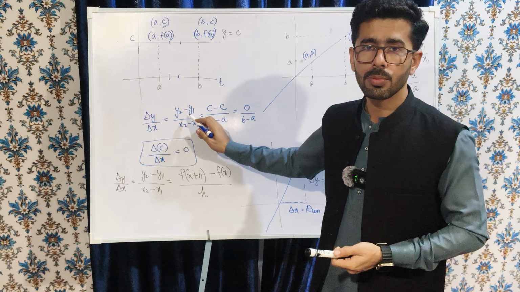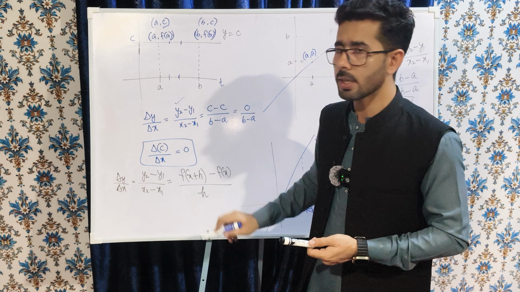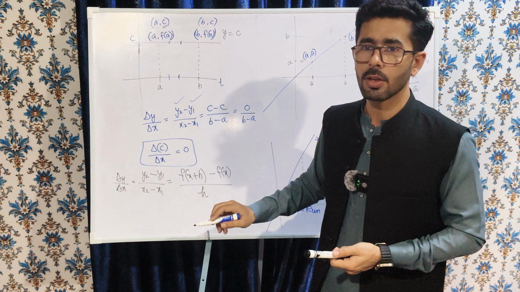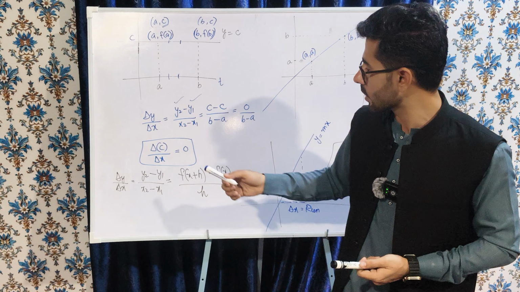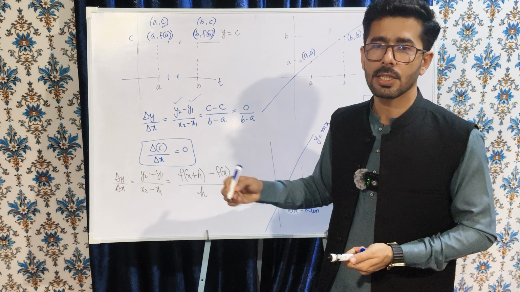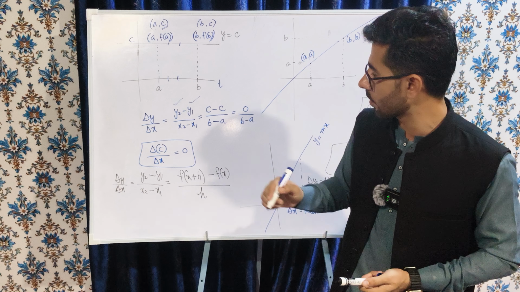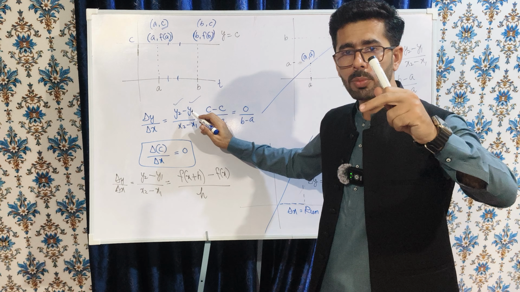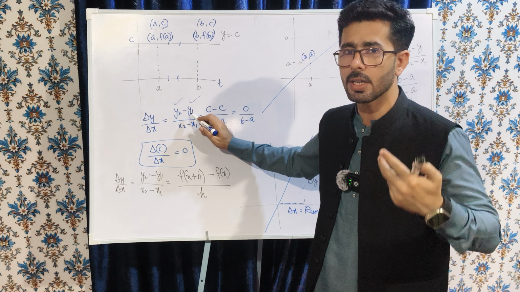So the change in y should be expressed as y2 minus y1, that is the next value of the function minus the previous value, or the next height minus the previous height, divided by x2 minus x1, that is the next input minus the previous input, right? So the gap in the outputs divided by the gap in the inputs, or the change in the outputs divided by the change in the inputs.